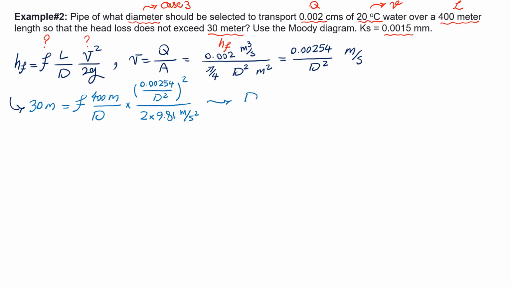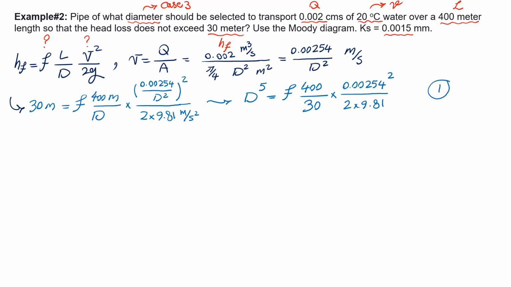It would be diameter to the power 5 is equal to f times 400 in the numerator, 30 is my HF, head loss, times 0.00254 to the power 2 divided by 2 times 9.81. All right, so I'm going to call this equation 1.